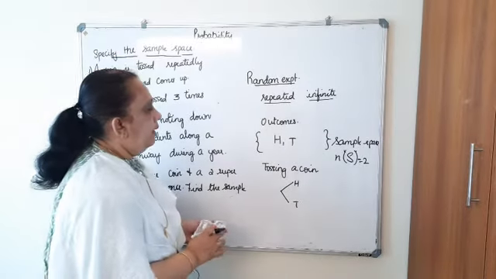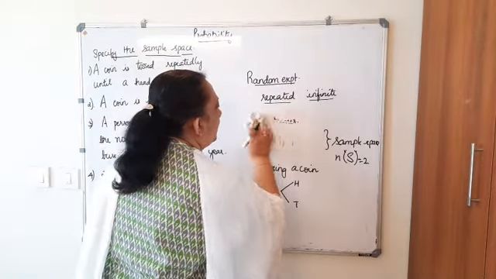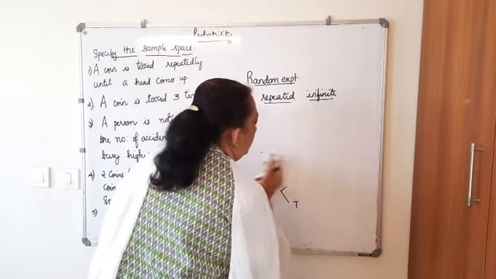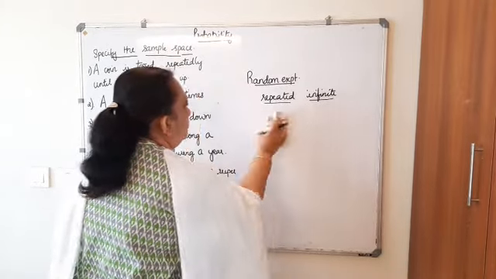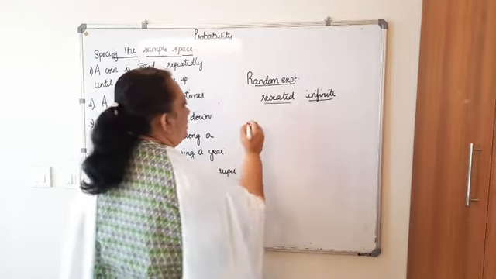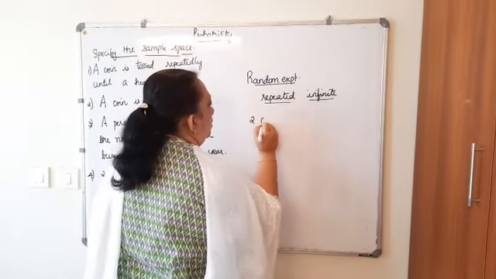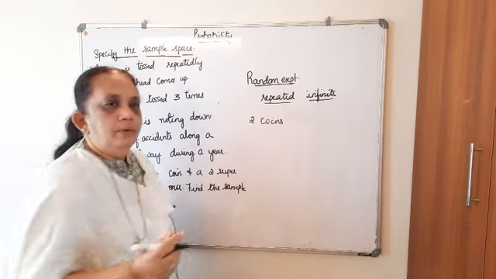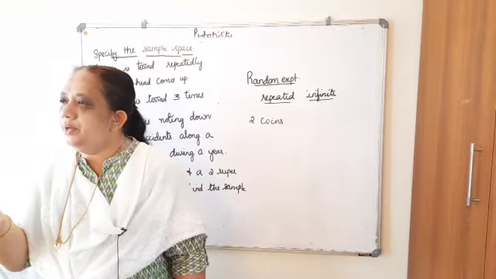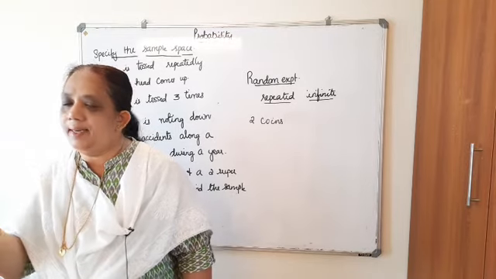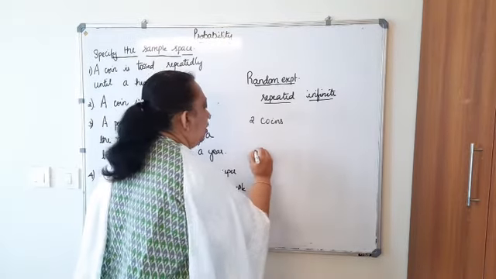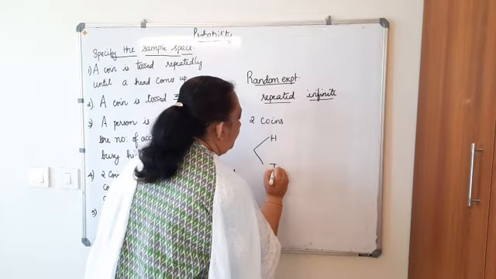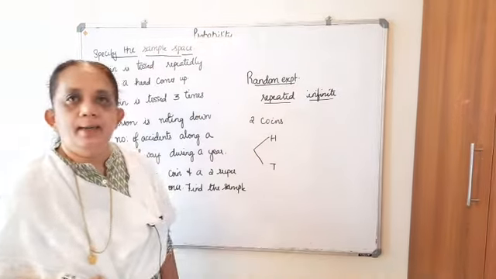Now, let us consider another experiment of tossing two coins. You all know when you toss a coin, you get a head or a tail. So when you toss the first coin, the outcomes are head or tail.